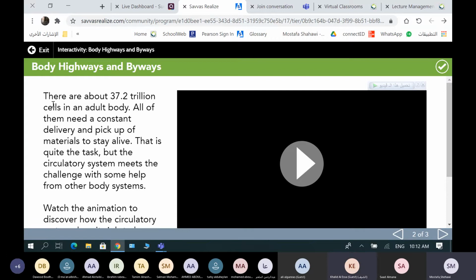There are about 37.2 trillion cells in an adult body. All of them need a continuous delivery and pick up of materials to stay alive. That is quite the task, but the circulatory system meets the challenge with some help from other body systems.